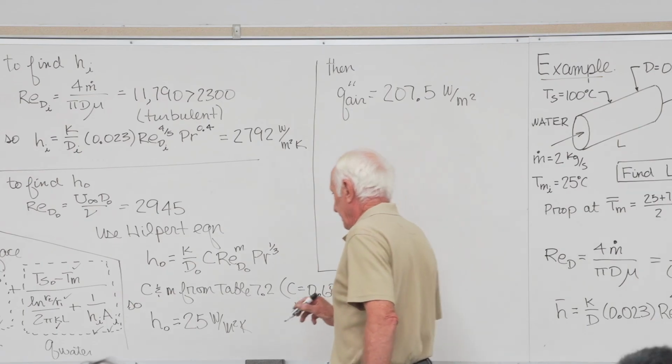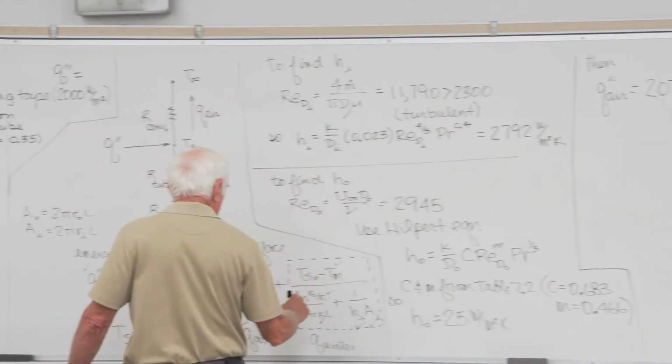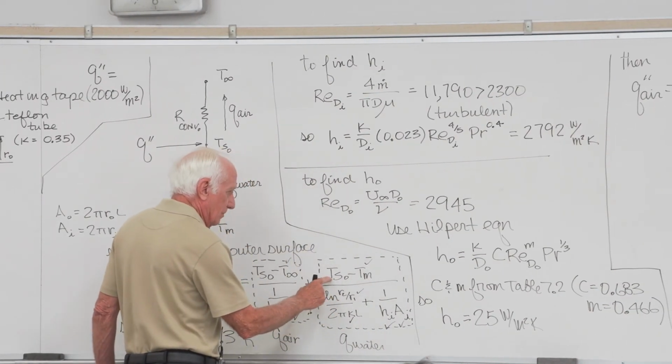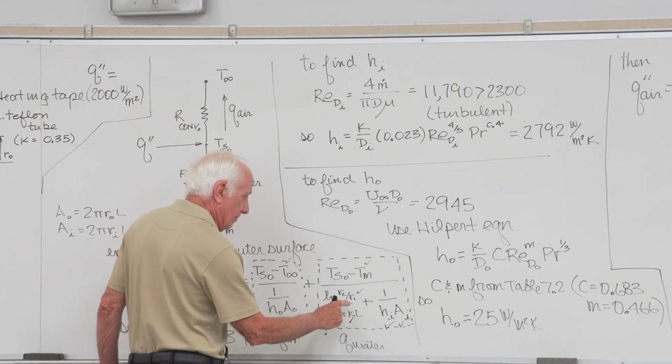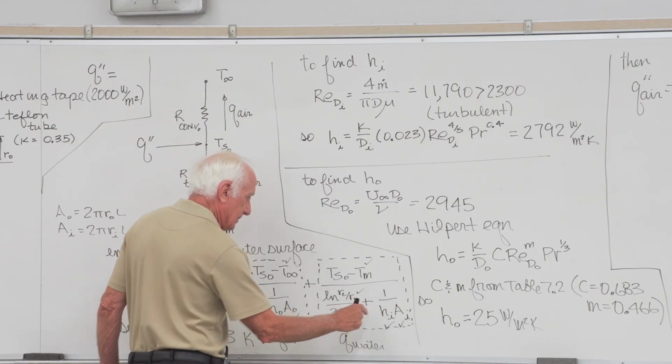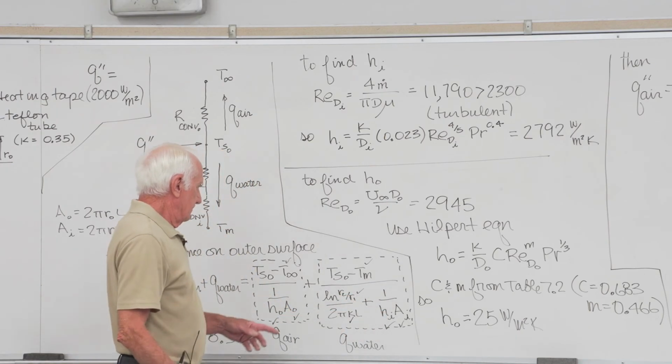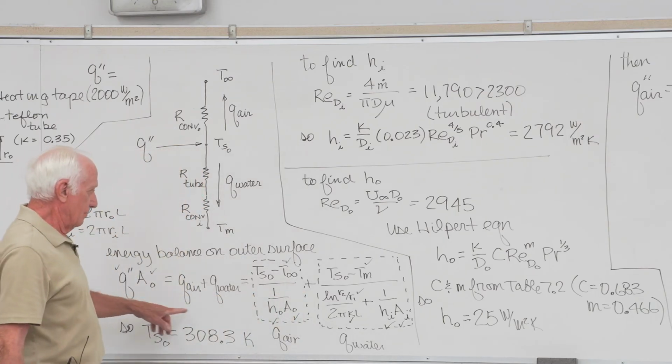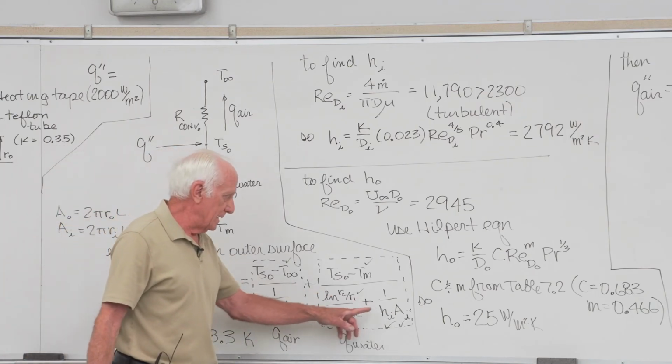Okay, now here's the dashed lines here. I know it, I know it, I know him, I know him, I know h inside. Divide through by A naught, divide through by A naught.